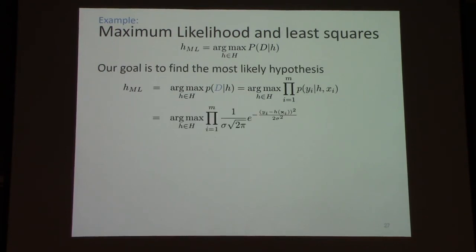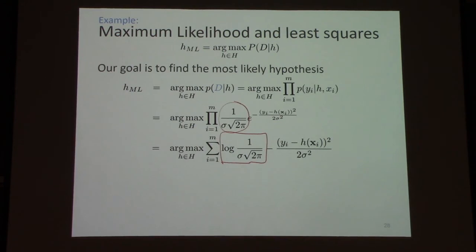We are able to write down the likelihood as this expression here, and this looks rather hideous. But if you take the log, and you've already heard the answer, you can take the logarithm and simplify it. Let's just look at the little pieces. If you take log, the product becomes a sum, and this part is simply the log of this part, which is a constant, because we are assuming that sigma is a constant.